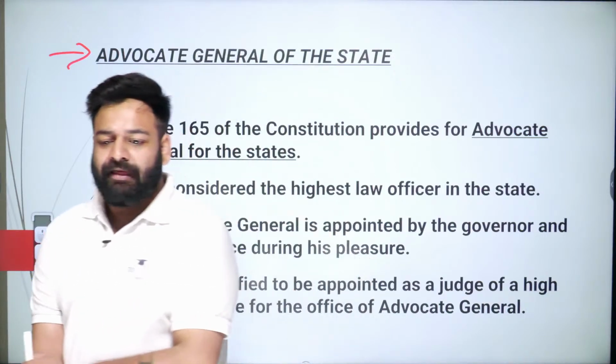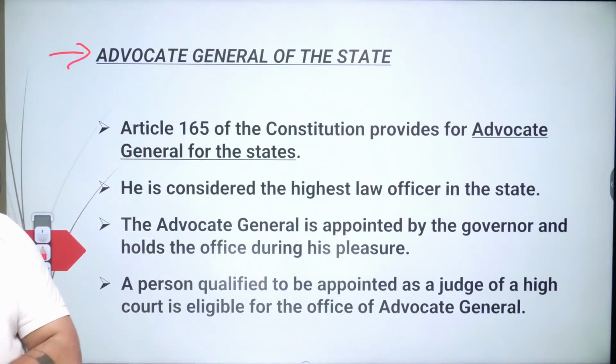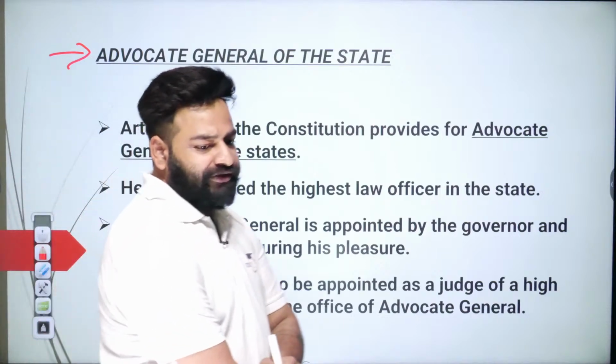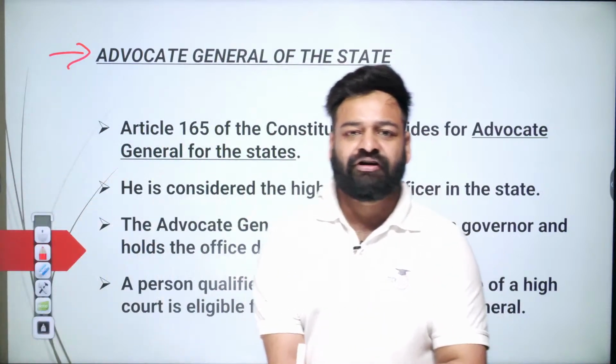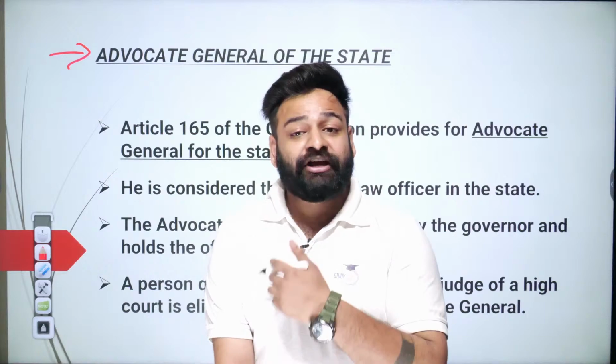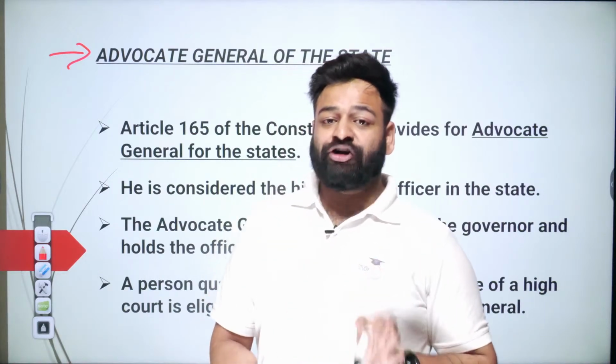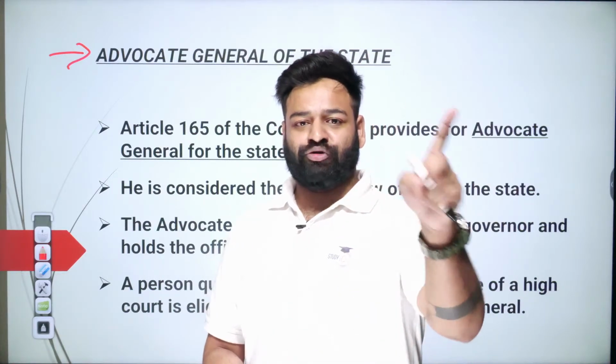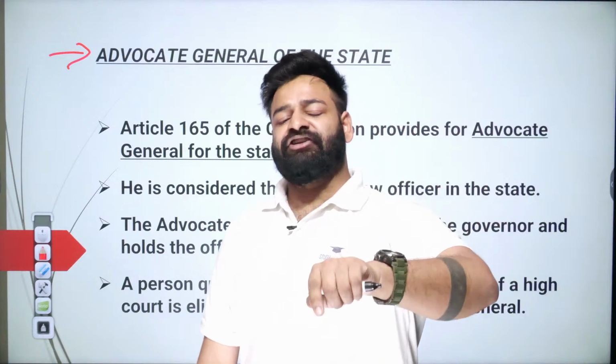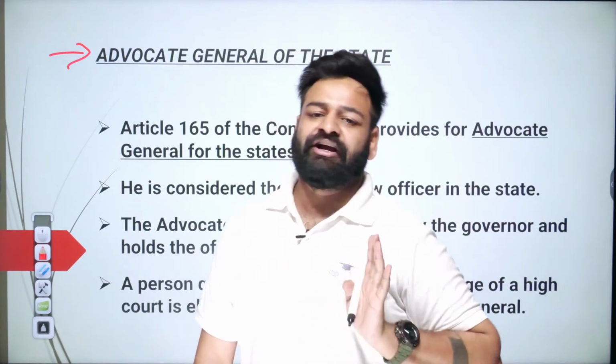But if the person is the advocate of a state government, then he or she will be referred to as the Advocate General of the state. Attorney General is the name for the union one, Advocate General is the name for the state one.